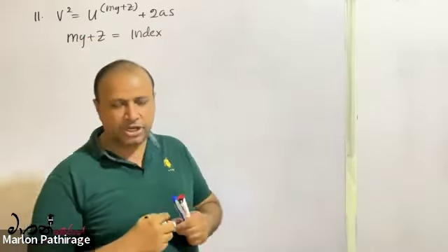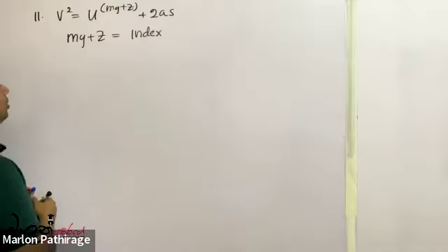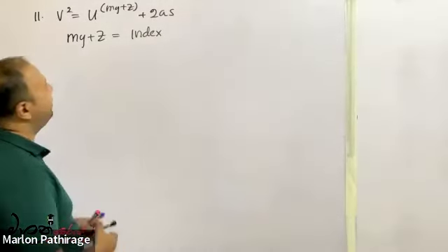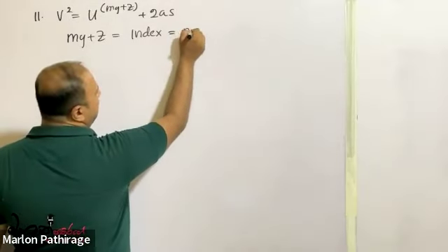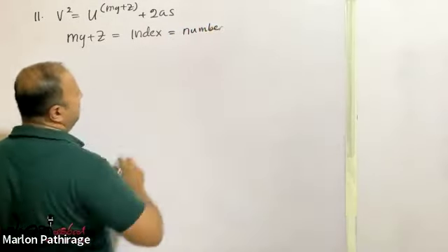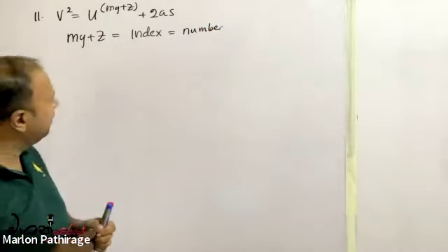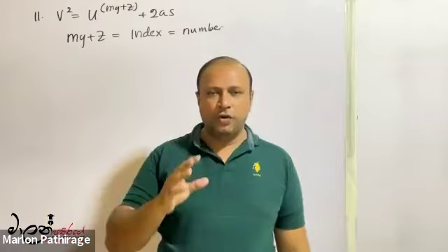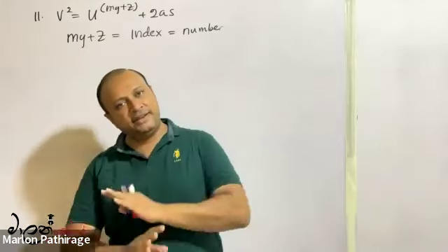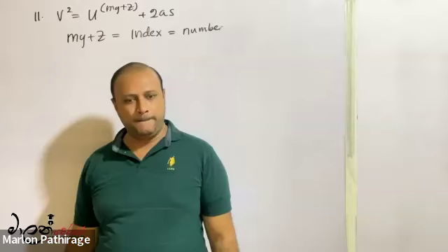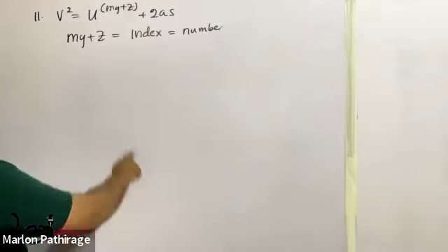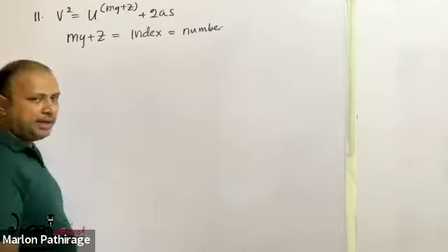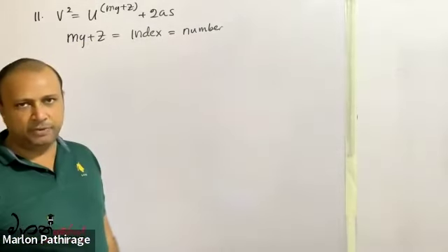Therefore, dimension of the entire expression should be a number. Here you can determine the dimension of z at once. But my plus z is a number.